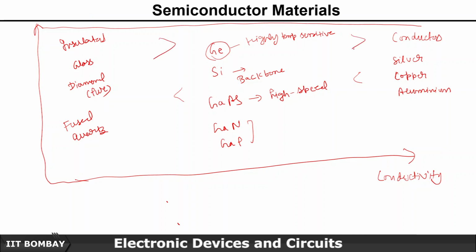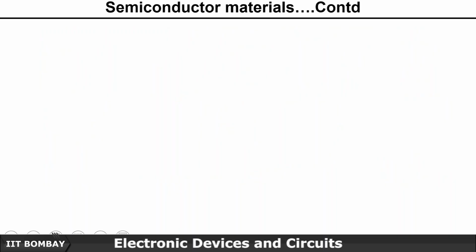For conductors it is lowest, semiconductor in between. If I talk about conductivity, for conductors it is highest, for the semiconductors it is in between, and for insulators it is lowest. So these are a few semiconductor materials. We will talk about them in detail.